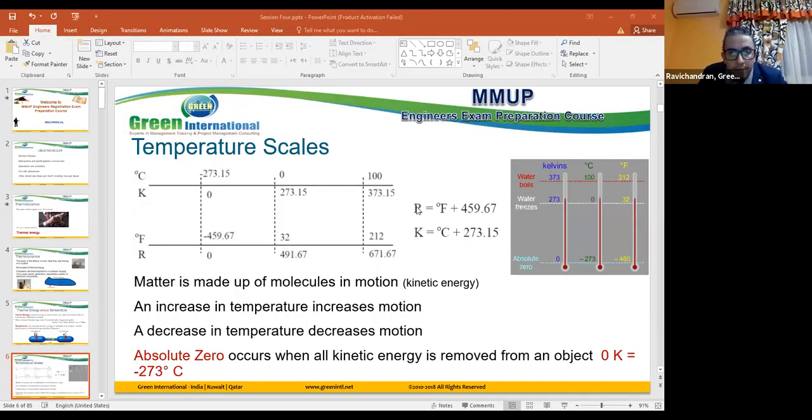Slide 6, temperature scale. Can you see this? Yes. Okay. Rankine is equal to Fahrenheit plus 460. This is an important conversion. Clear? Okay. Question number 14. More questions?